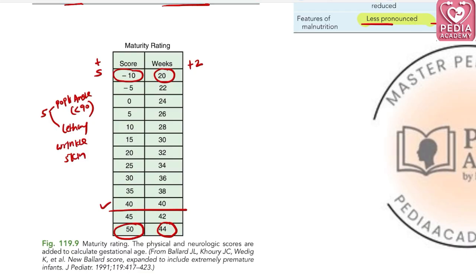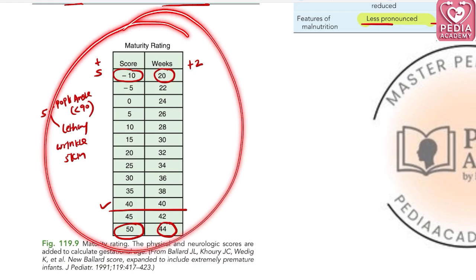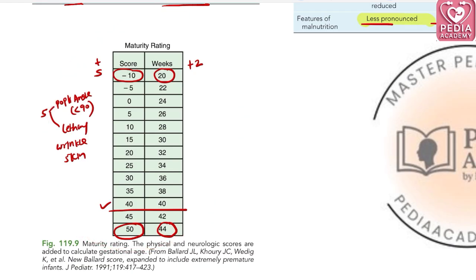Okay, next we'll see the maturity rating of modified Ballard scoring. I have given just this scoring system, not the whole, because they ask what the score starts from: -10 to 50, and weeks 20 to 44. You have to remember the starting point and end point of the score because this is MCQ. In this score, it goes minus 10, minus 5, 0, 5, 10, 15, and weeks add plus 2: 22, 24.